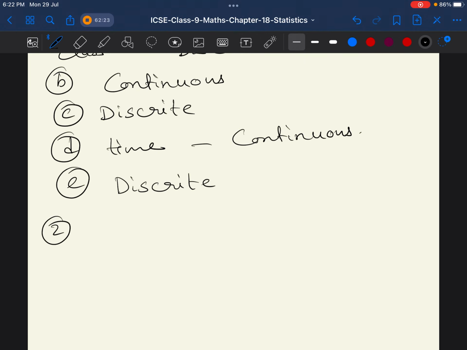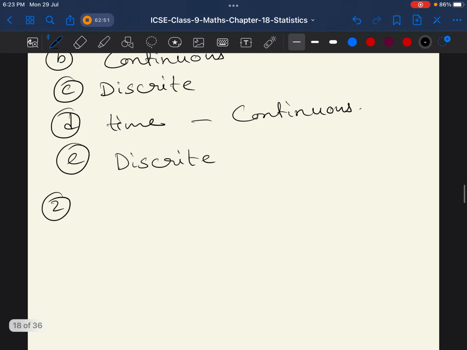Now question number 2: given below are the marks obtained by 30 students in an examination. Taking class intervals 1 to 10, 11 to 20, make a frequency table for the above distribution. So we have to make a frequency table for the above distribution.